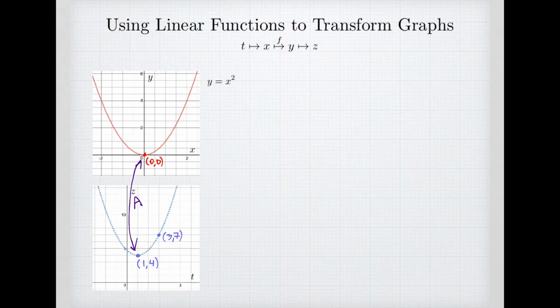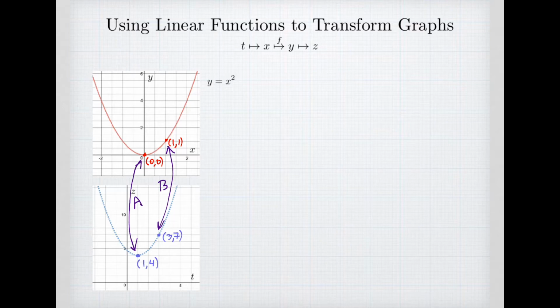Similarly, I have a second point. I've got my point (1, 1), and that's associated on my new graph with the point (3, 7). So I get to associate those two points, and I'll call that commonly the point B.